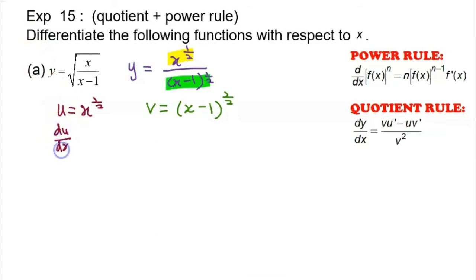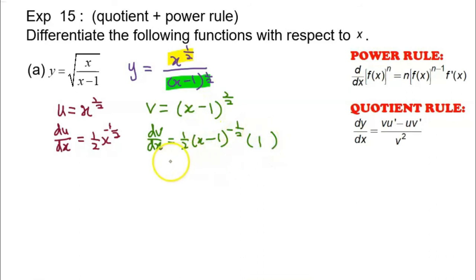Differentiate u with respect to x equals half x to the power of negative half. Differentiate v with respect to x by using the power rule. The power moves to the front, power minus 1 becomes negative half, and differentiate the inside function, x, which equals 1. Simplify the answer. Half times 1 equals half.